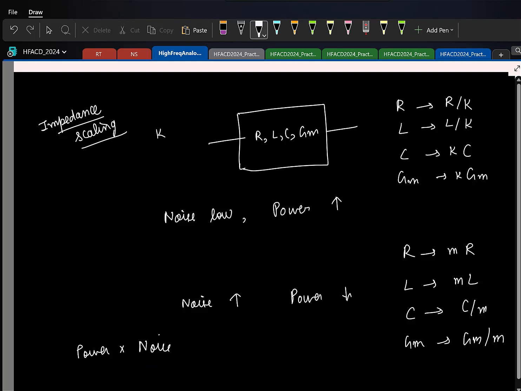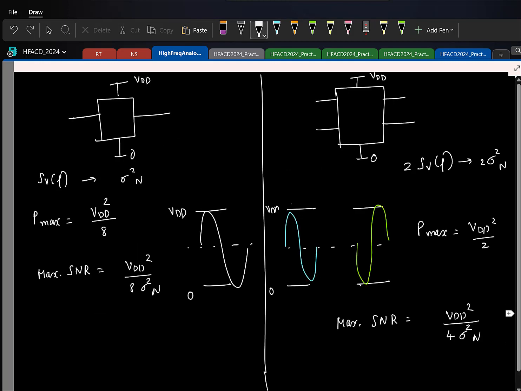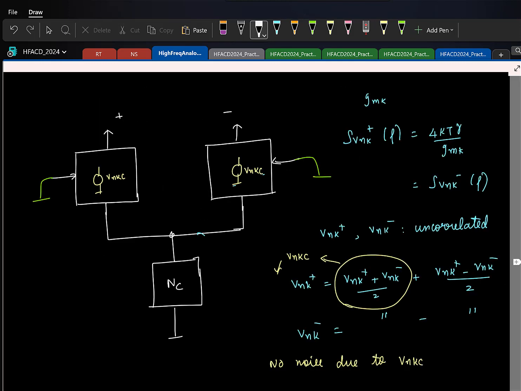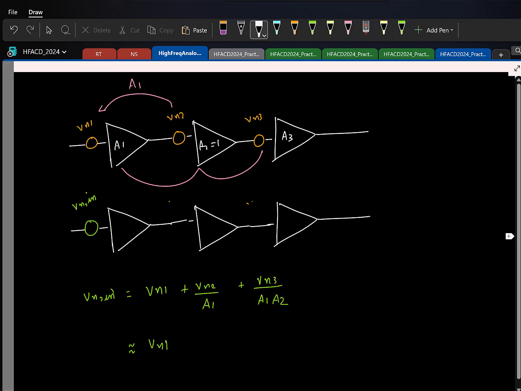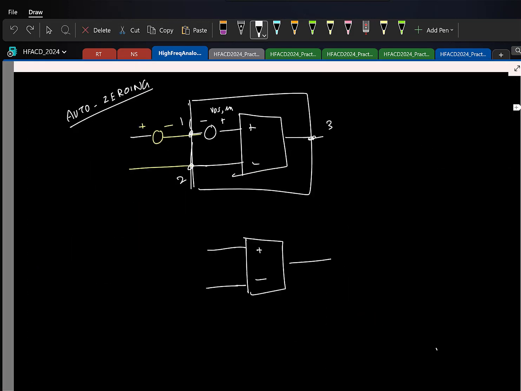So maybe for a few minutes, let's do this. Are you guys free for 5 minutes? Okay. Let me copy the file, the transfer OTA.